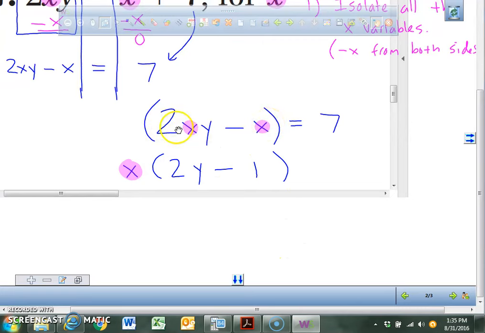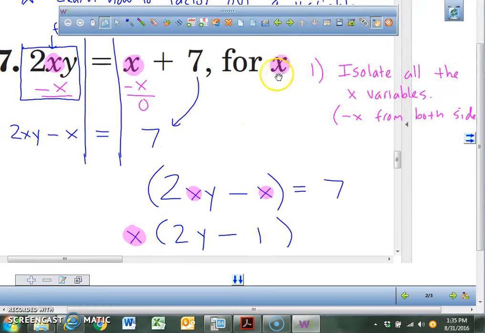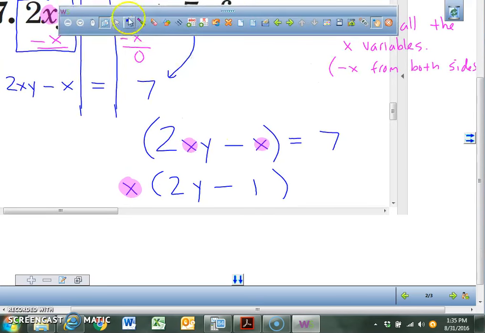Now the cool thing is, how many x's do you see in this expression? One. That's the magic. That's what you have to do, because ultimately, when I told you at the beginning we need to solve for x, you've got to get it down to 1x. What does 1x equal? You're right. x is always equal to x. I agree.